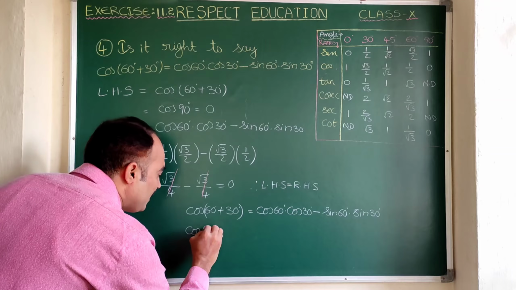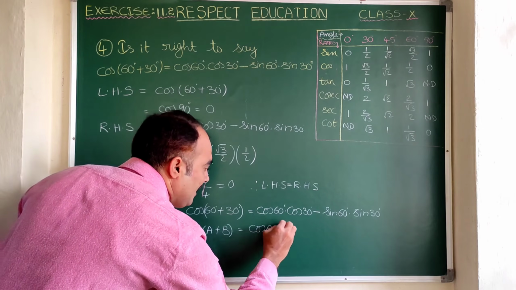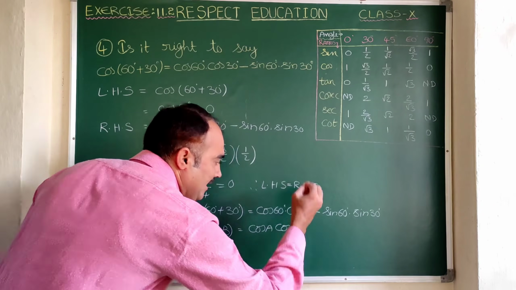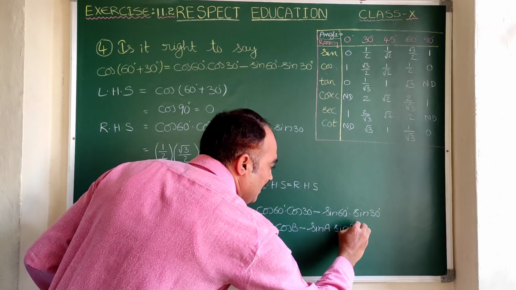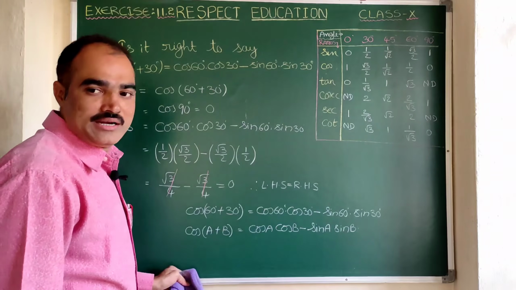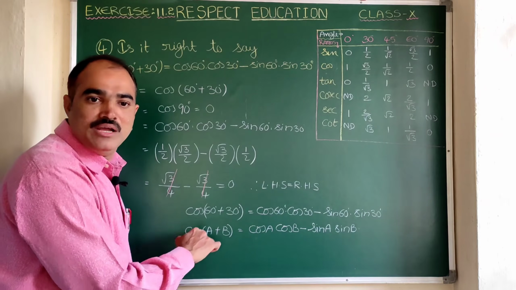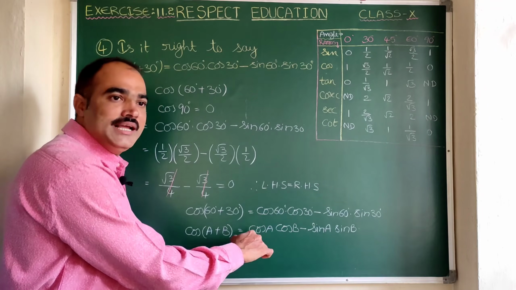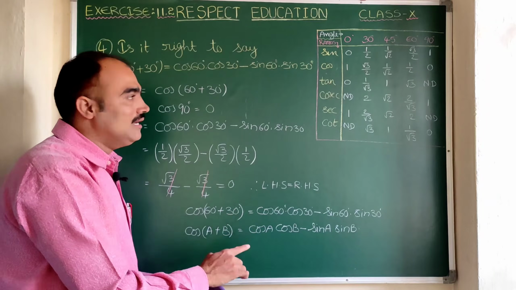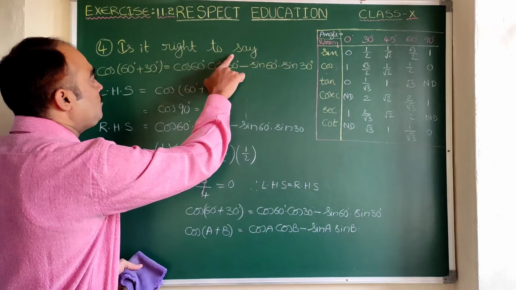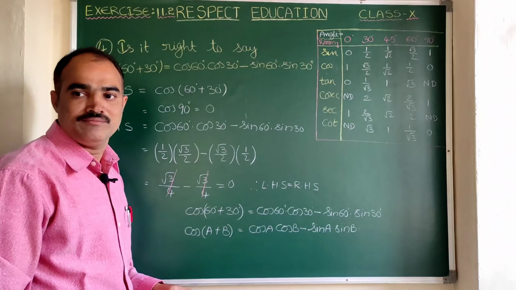Cos of A plus B is equal to cos A into cos B minus sin A into sin B. Here you see, when you go to higher classes, you will be learning this formula. What is the formula? Cos of A plus B is equal to cos A into cos B minus sin A into sin B. Is it clear? So here the question, is it right to say? It is absolutely right to say in the given form. Is it clear? Yes, sir.